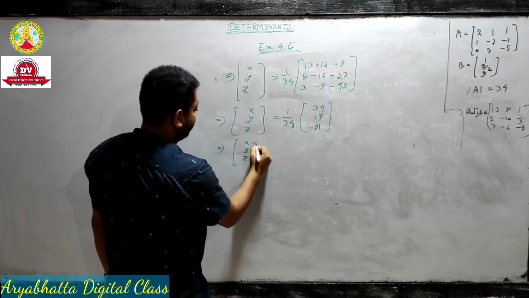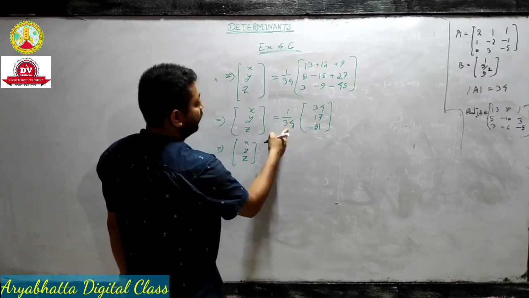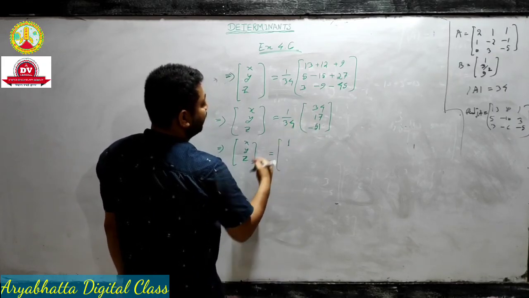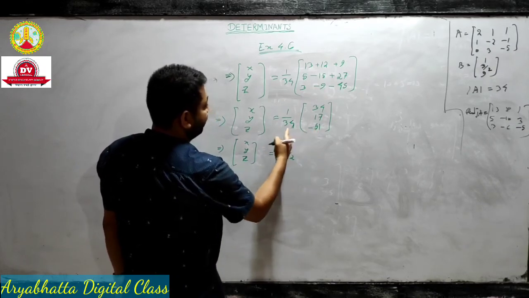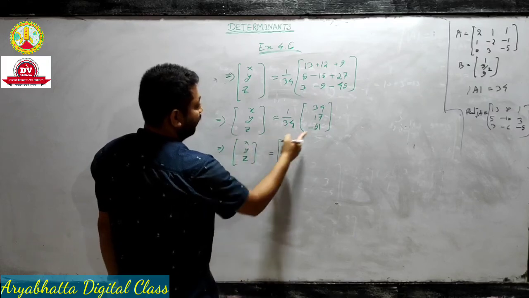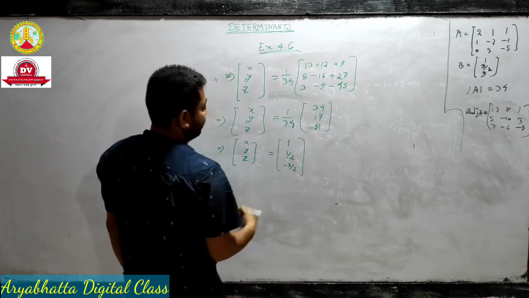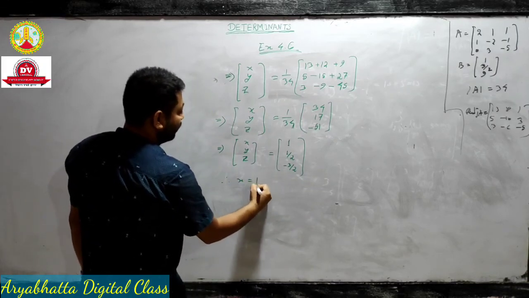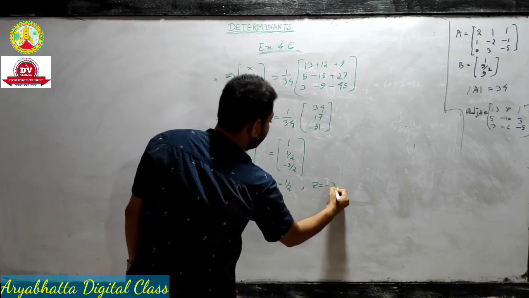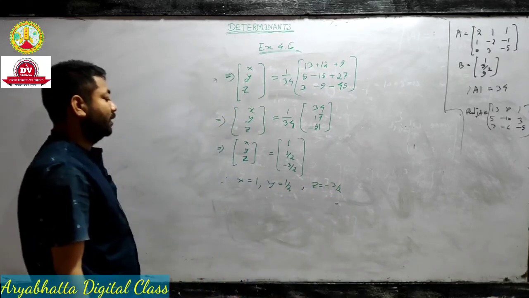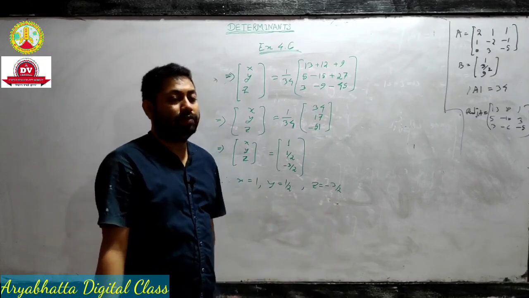So x, y, z equal to 34 divided by 34 is 1, 17 by 34 equal to 1 by 2, minus 51 divided by 34 is equal to minus 3 by 2. Therefore, x equal to 1, y equal to 1 by 2 and z equal to minus 3 by 2. This is the required answer.